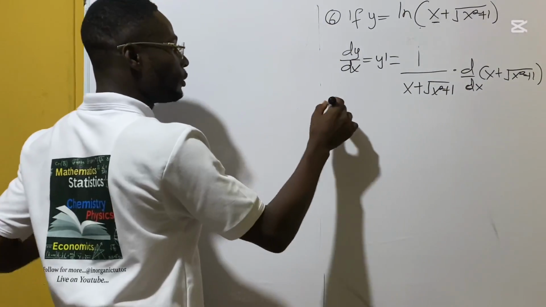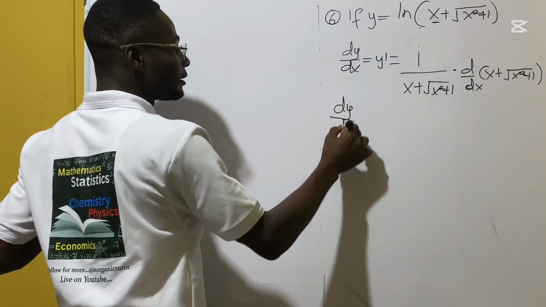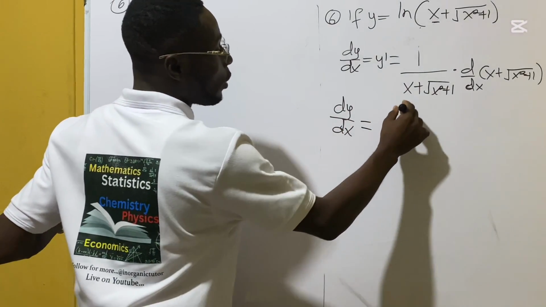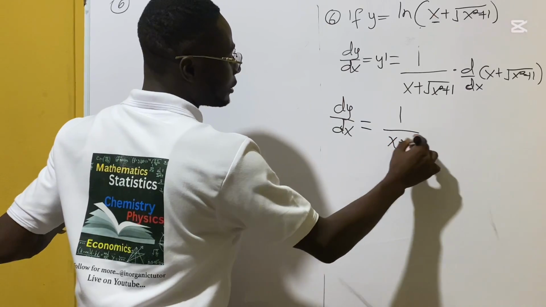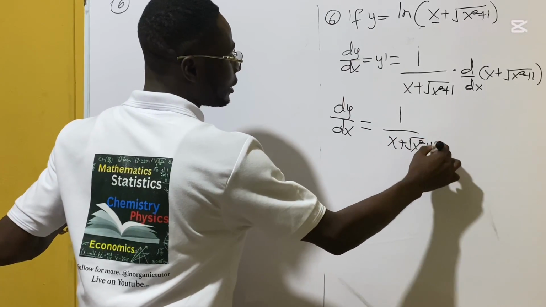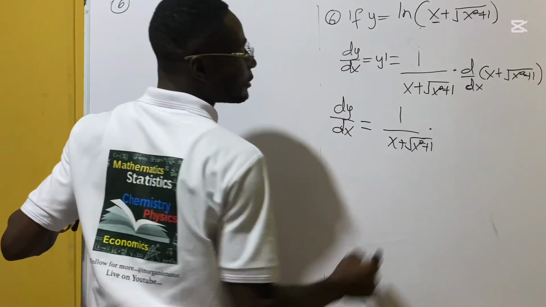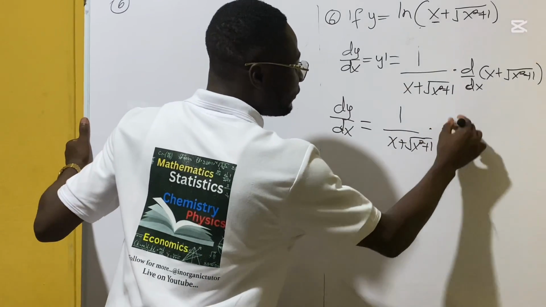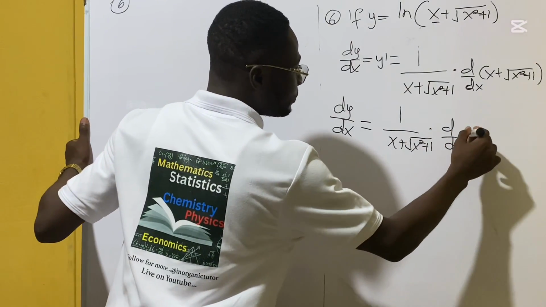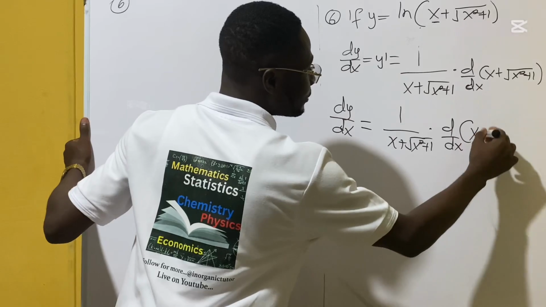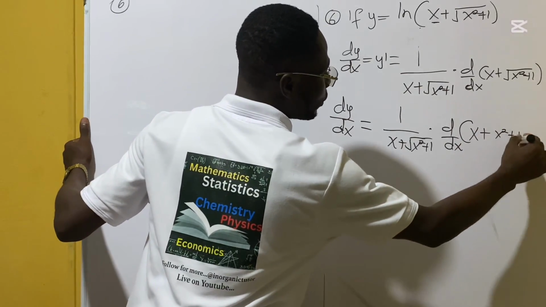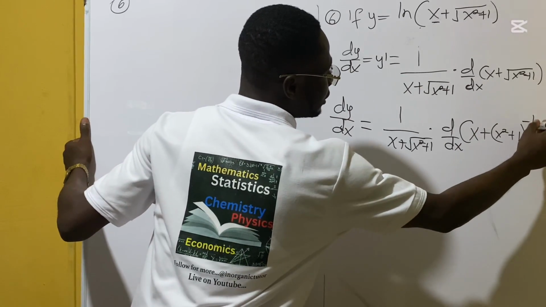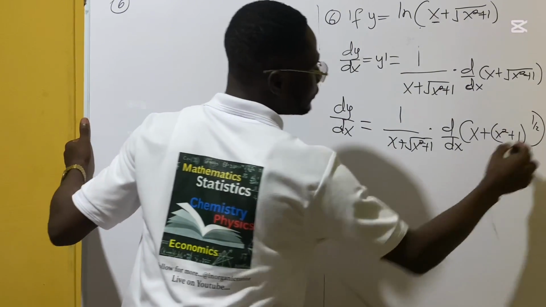So we have dy/dx equals 1 over x plus square root of x squared plus 1, times the differential with respect to x of x plus (x squared plus 1) exponent half, right?